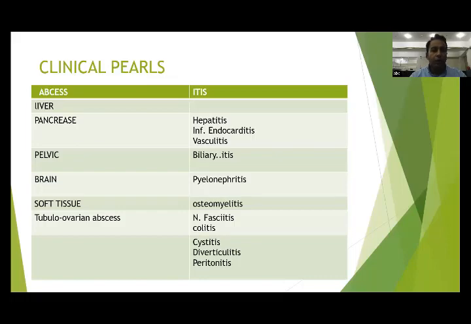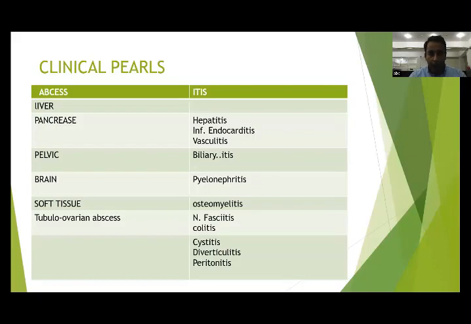Abscesses include liver, pancreatic, pelvic, brain abscesses, soft tissue, tubo-ovarian abscesses. So you classify these infections in two big categories: one is abscesses and the other is itis, inflammations anywhere in the body.